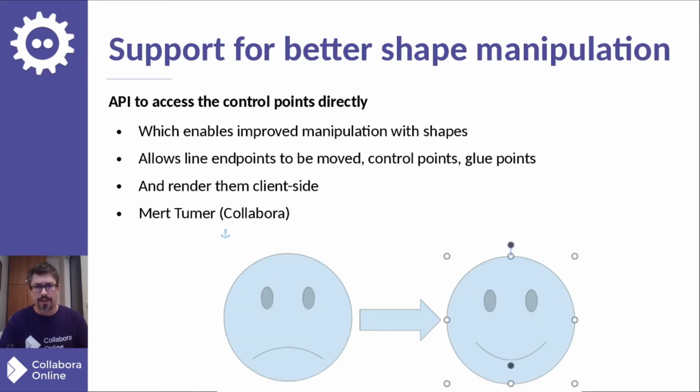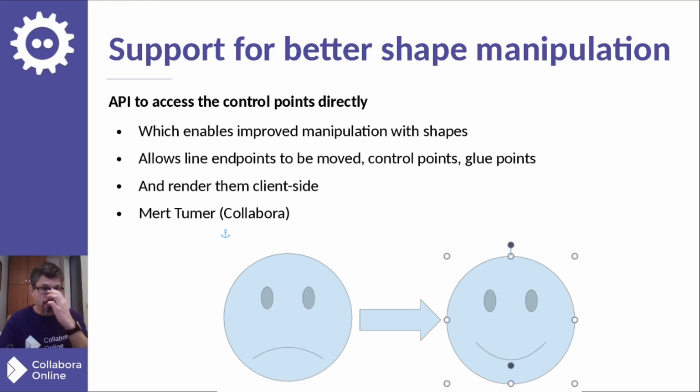Then another big achievement for LibreOfficeKit was better support for shape manipulation. Previously it was not possible to change shapes and the anchor points and these control points or glue points via the LibreOfficeKit.